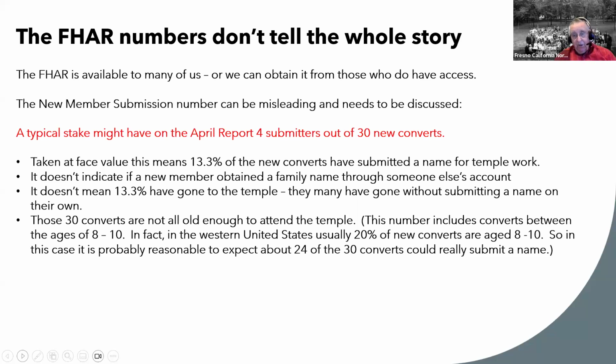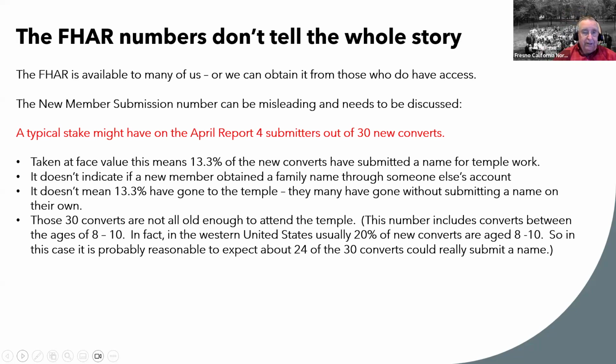And so they would not be countable. So more reasonably, we could say there's probably 24 people eligible to submit names out of those 30. So if we had 24 people, we would be really doing a great job. If we had a number near 24, that'd probably be about the max.